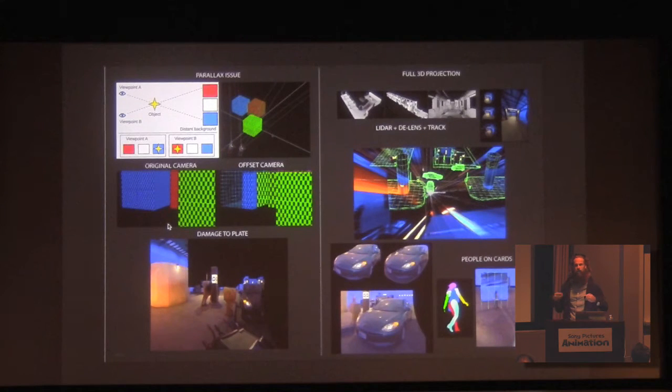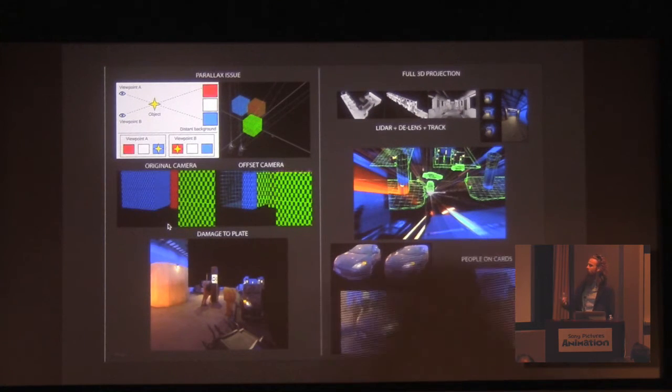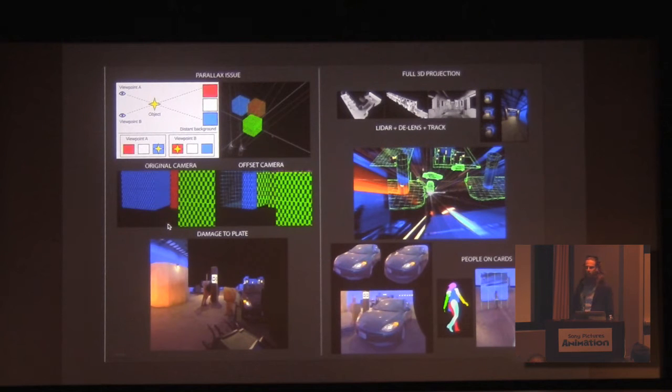We want to align 2 images, but on one image the foreground object's on the left of my background object, and on the other camera's image my object's going to be on the right of the background image. So there is really no easy way to just line those images up in 2D. You're constantly battling parallax.